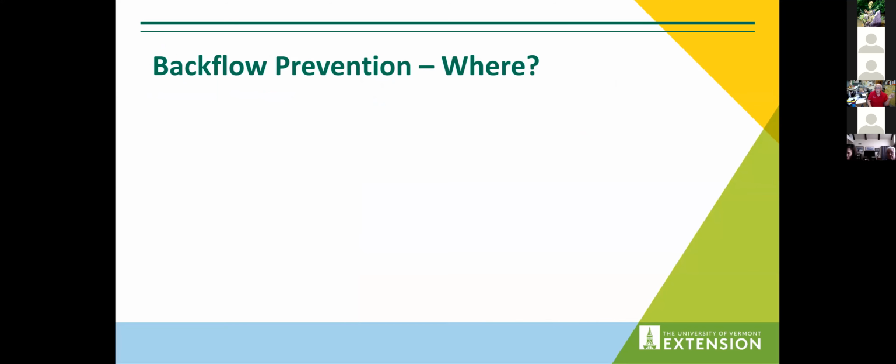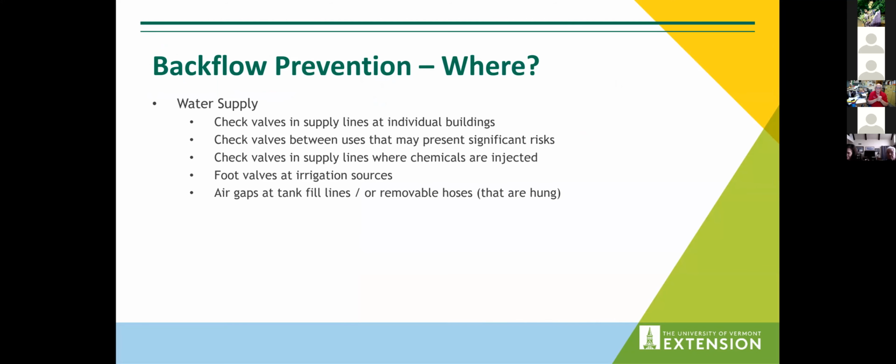So backflow prevention, where do you use it? Well, on any water supply. Check valves on the supply system for individual buildings, any significant place where there is a risk, especially if there are chemicals involved. Also, a foot valve on the irrigation source, which should have been put in by your well driller.